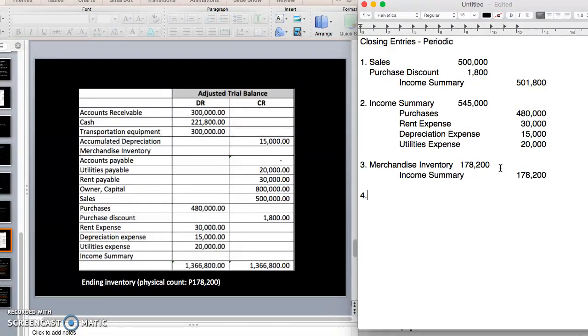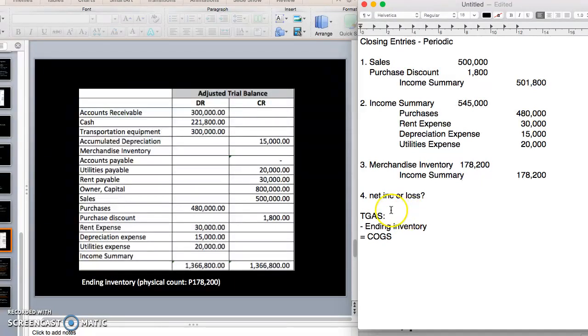Now for step 4, we need to determine if there's a net income or loss. So how do we do that? We already have sales, we have the expenses, but we don't know cost of goods sold. To compute for that, you need to consider total goods available for sale minus ending inventory, that will give you cost of goods sold.